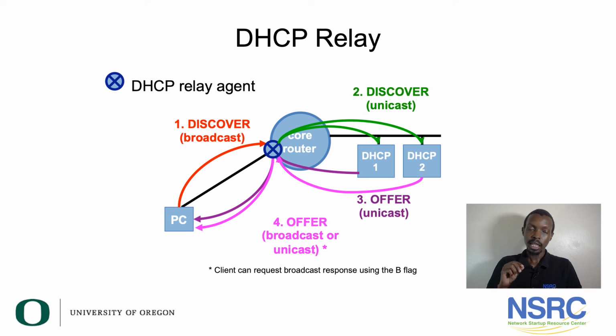This is set by the client inside the DHCP Discover packet. There's a flag that the client can send to indicate that it wants the answer as a broadcast or as a unicast. But by default, it will be a unicast.